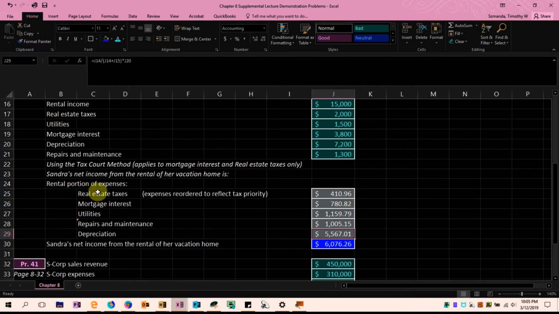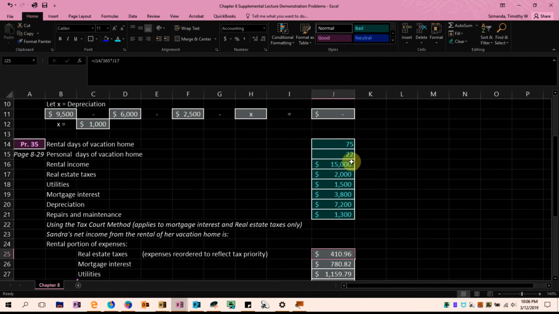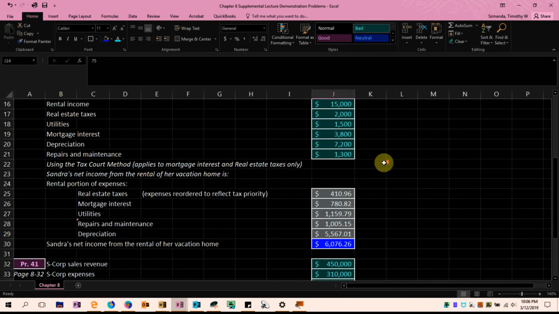Okay, so we have to allocate these shared expenses between rental and personal use. And as I said earlier, using the tax court method, we're going to allocate these expenses based on the number of days of rental, which is 75, divided by 365.